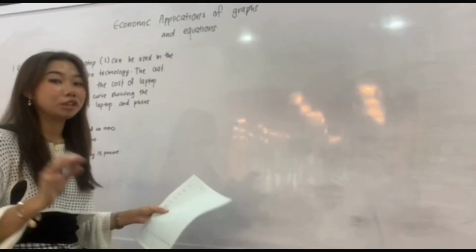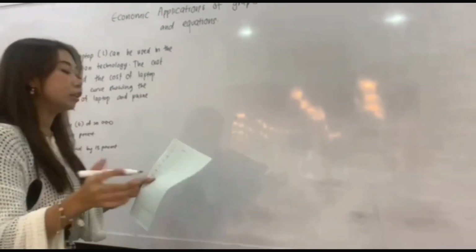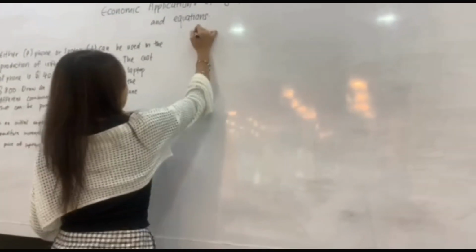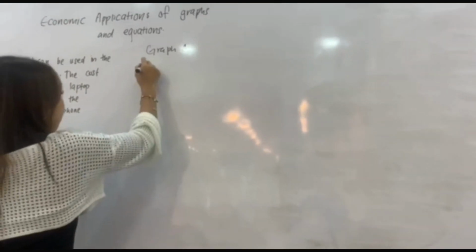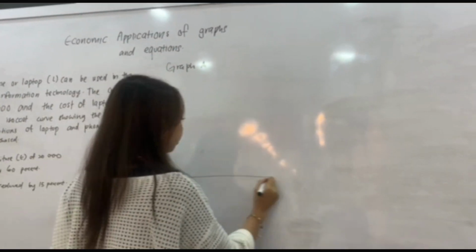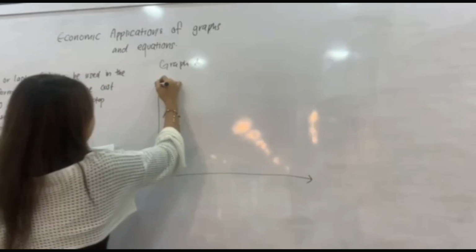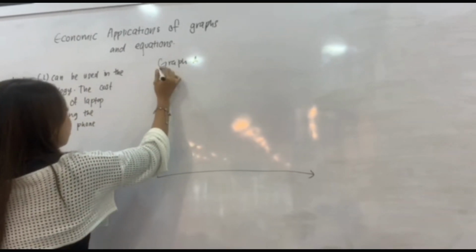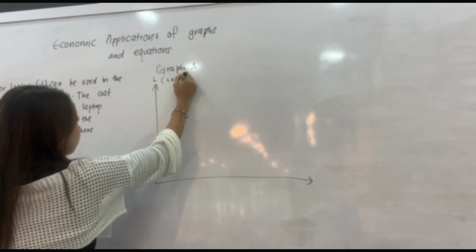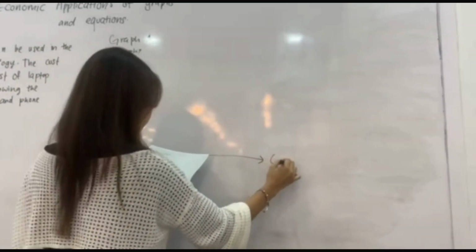So after we finish the equation, after we finish the answer, we need to do the graph. So for graph A, we need to draw the line. We need to put L, which stands for laptop, and P for phone.